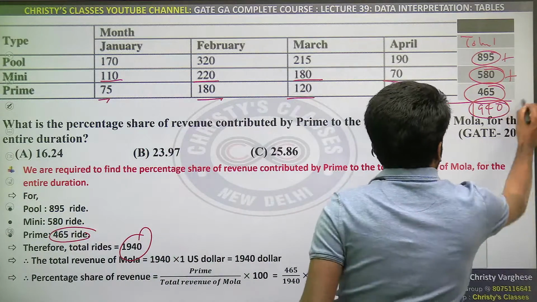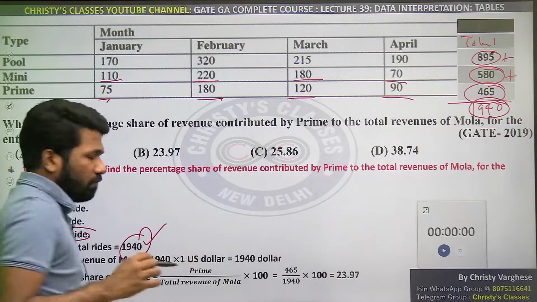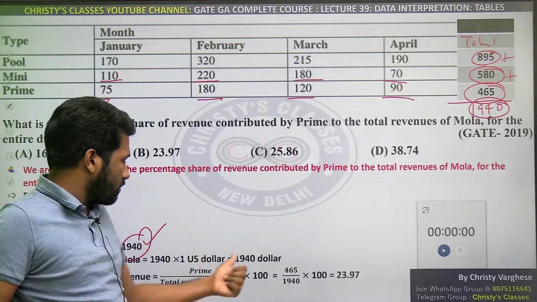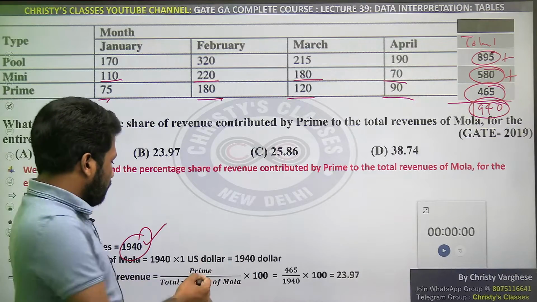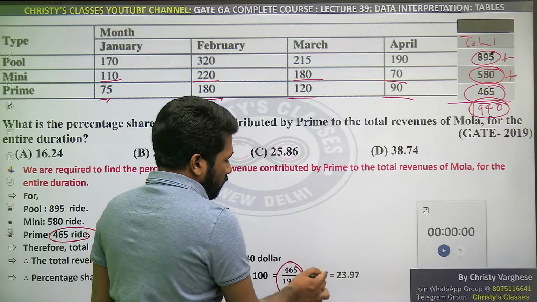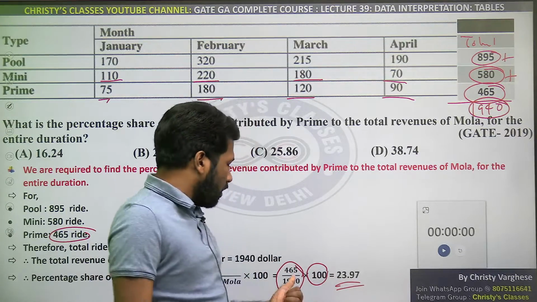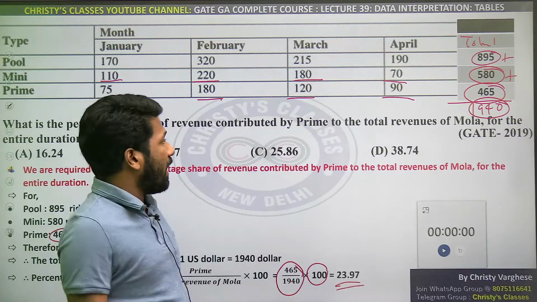Anyway, I hope you got 1940 total right. That is 1940 is the total earning. 1940 into 1. So prime by total revenue will be 465 by 1940 into 100. That is 23.97. There also if you want you can use mental math looking at the answer options.